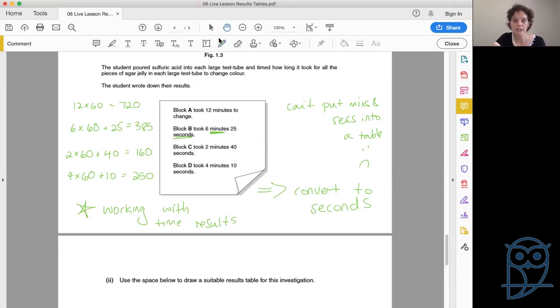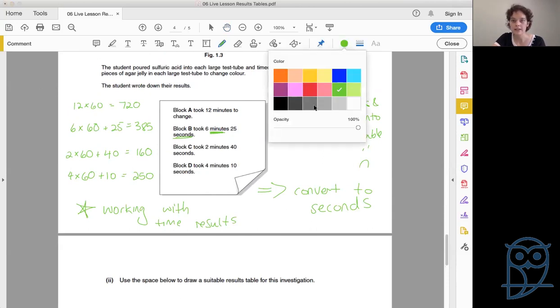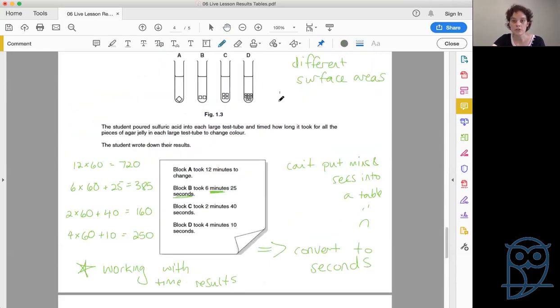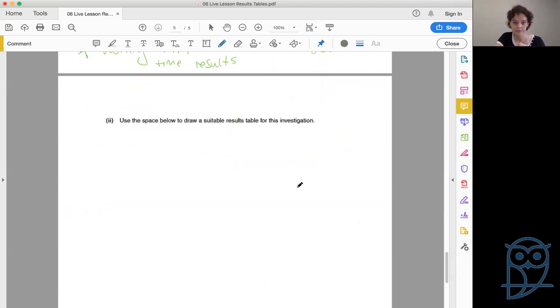Luckily, this preparation that we have done here is setting us up, because we said we have blocks with different surface areas, and we have time taken in seconds, and A, B, C, D. Okay, so your scrappy little rough table doesn't have to be beautiful, it just has to be informative to yourself.